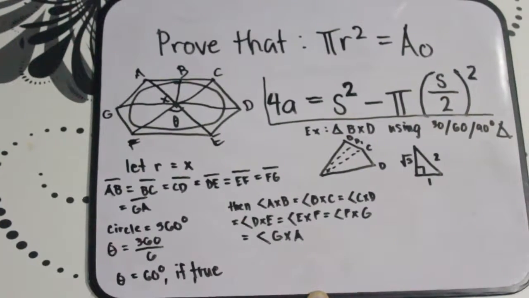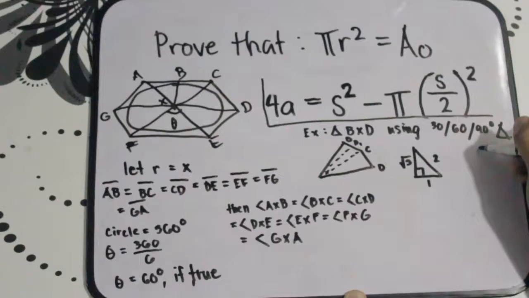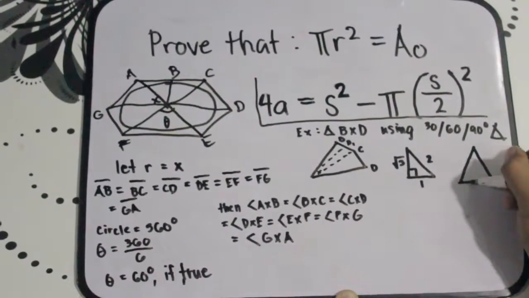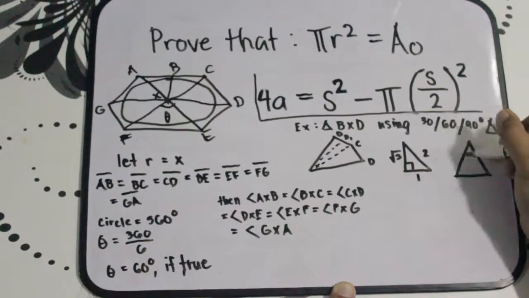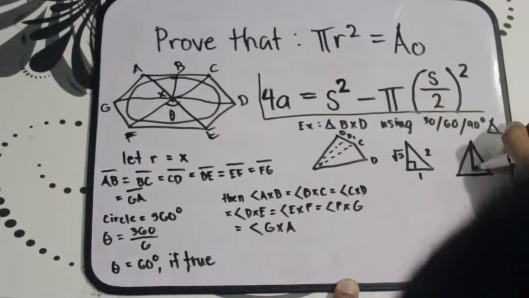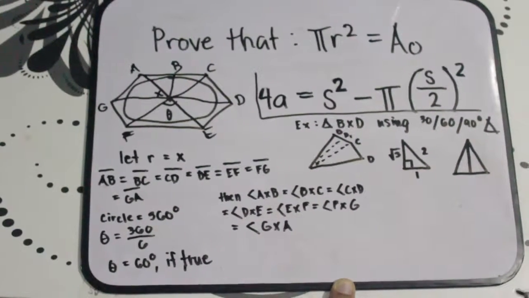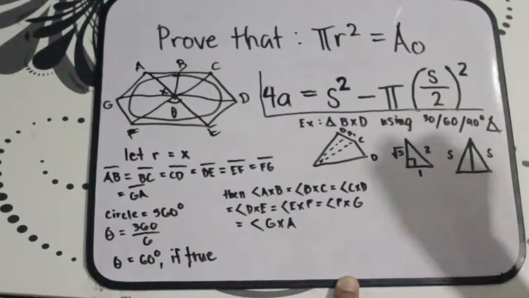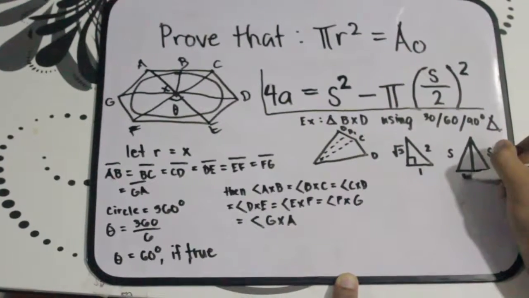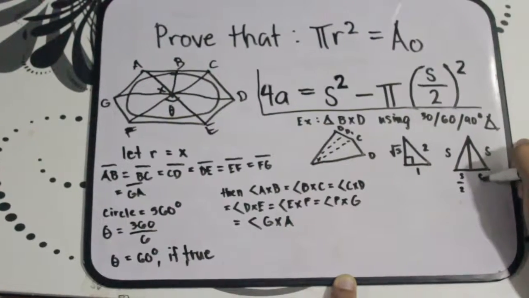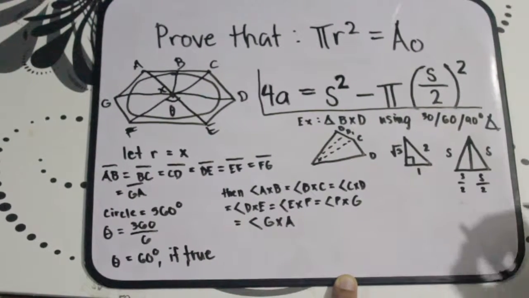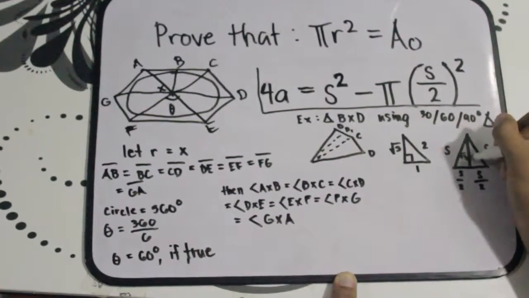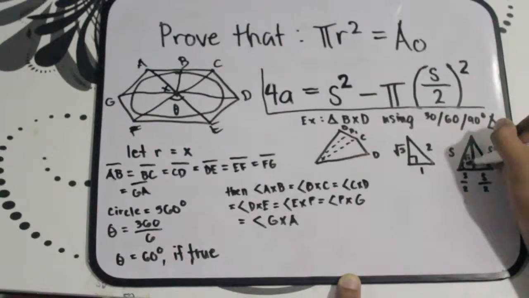Using the illustration given in triangle BXD, we're going to re-illustrate. We're going to cut this in half, and then the value within its hypotenuse will be S. The base will be S over 2, and the height of the triangle will be square root of 3 times S over 2, which is the base for both triangles.